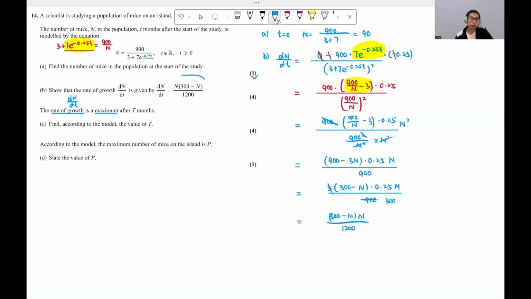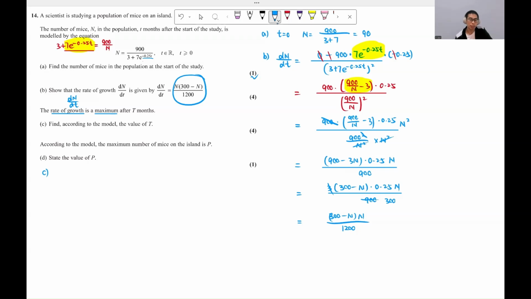So if we're looking for the maximum of this, as long as we only find the maximum or minimum, what we should do is differentiation. But if it's a quadratic, you can do completing the square, or you can type in the calculator. So for this one, I will just differentiate because it's a quadratic. It's not that hard to differentiate.